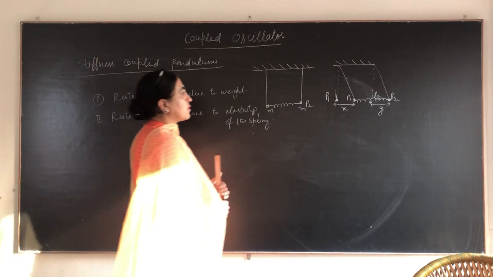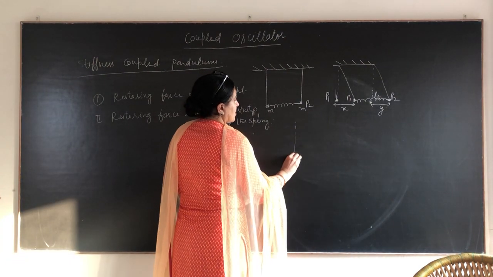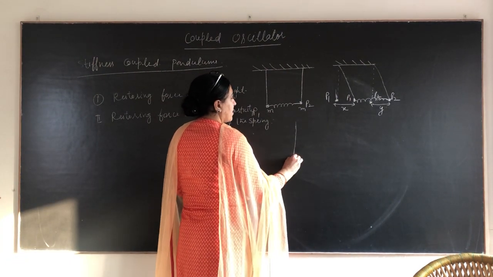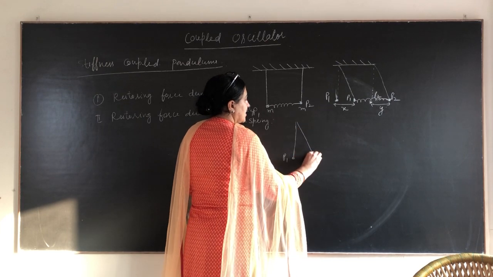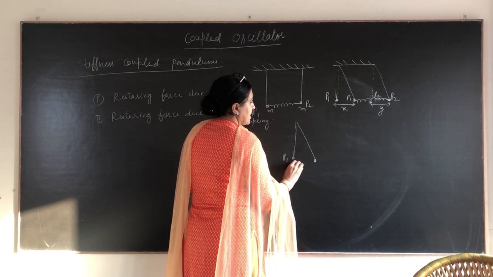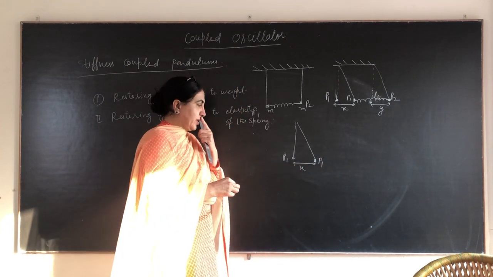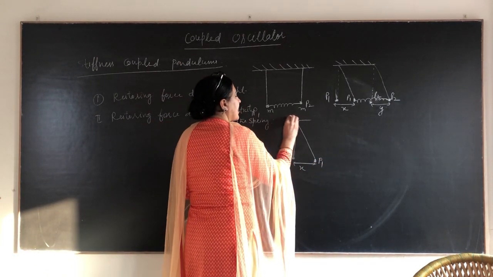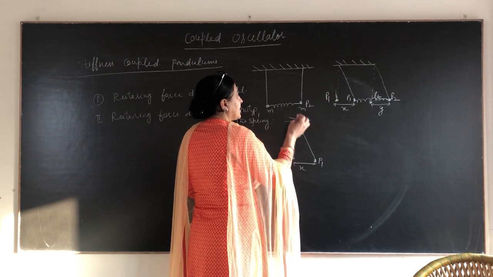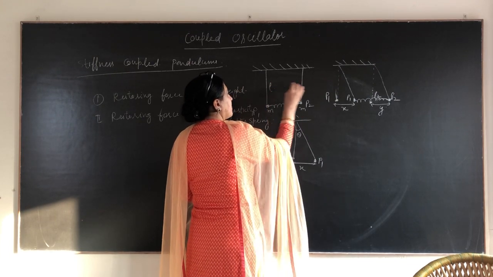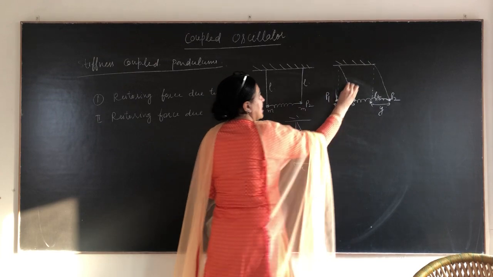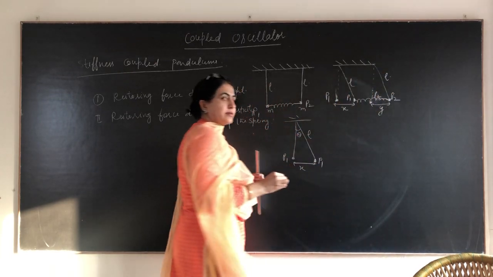Yes, restoring force. Now we have this position. This is pendulum P1, and this is its displacement, that is x. Clear? Now its final position is this, and this angle is theta, and the length of the pendulum is L when it disturbs.